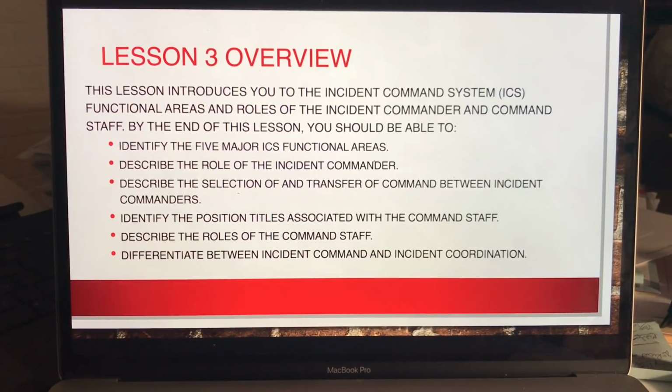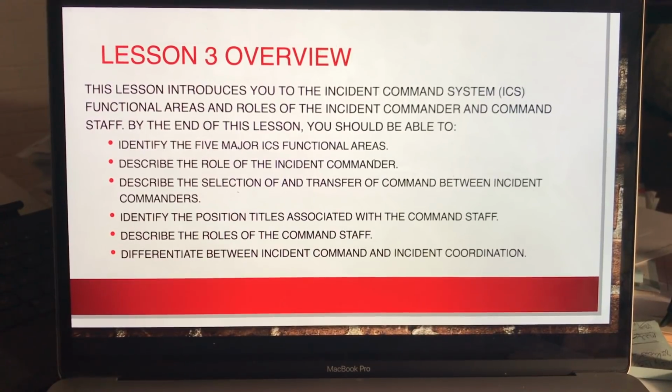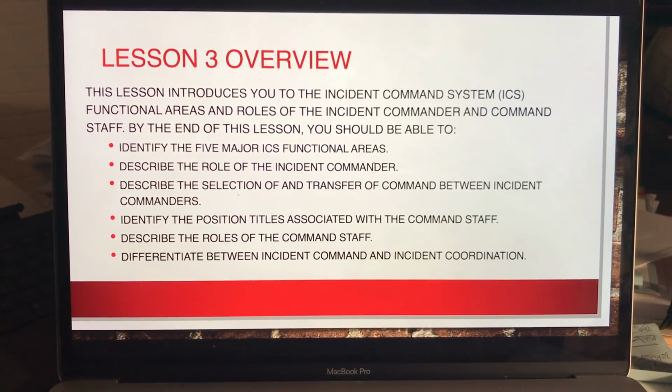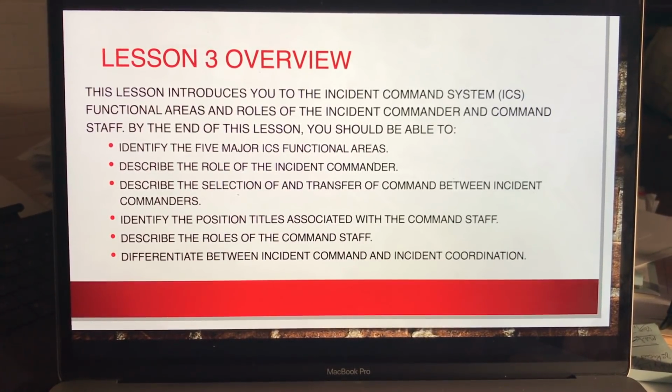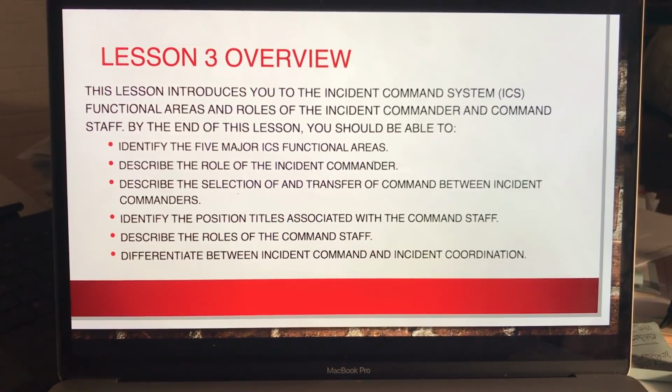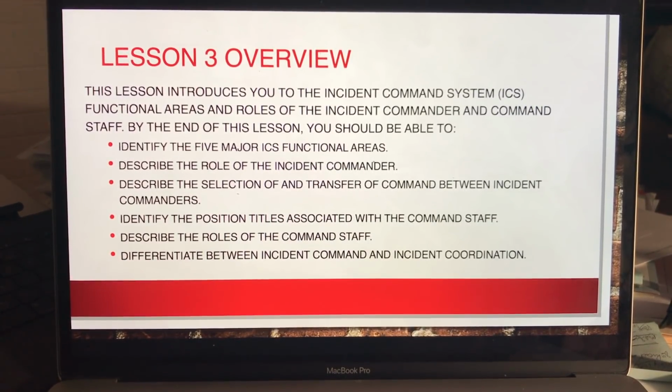By the end of this lesson, you should be able to identify 5 major ICS functional areas, describe the role of the incident commander, describe the selection of and transfer of command between incident commanders, identify the position titles associated with the command staff, describe the roles of the command staff, and differentiate between incident command and incident coordination.